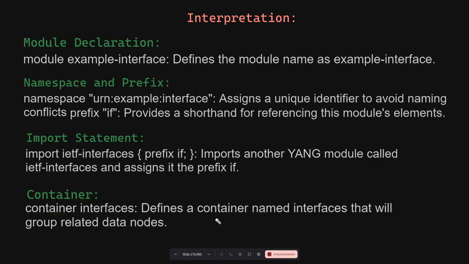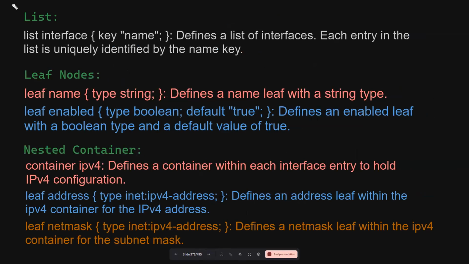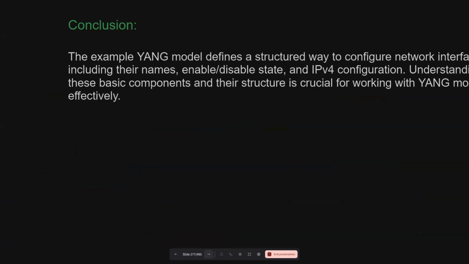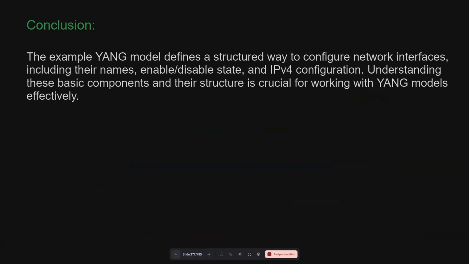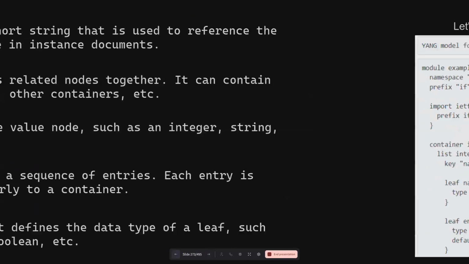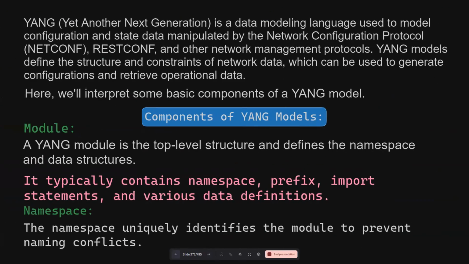Container interfaces, right? So you know what is container, what is a list. List is something like list interface, key. It defines a list of interfaces. Each entry in the list is uniquely identified by the name. Leaf node. The nested container means we can have container within container. Understanding this, if you have any problem, just let me know.